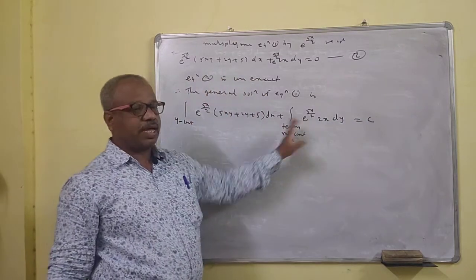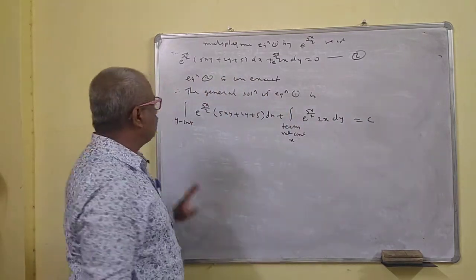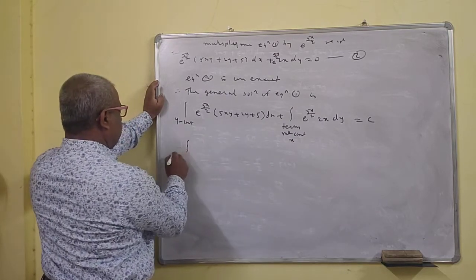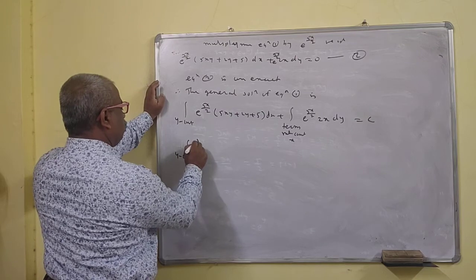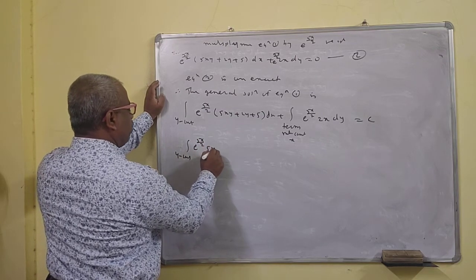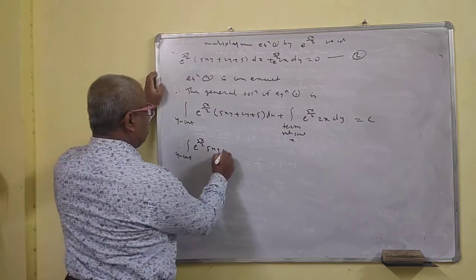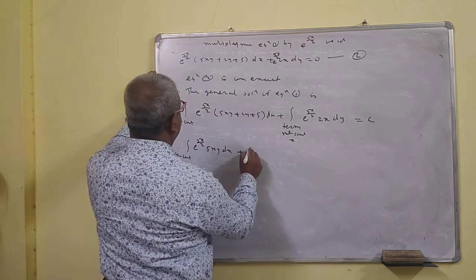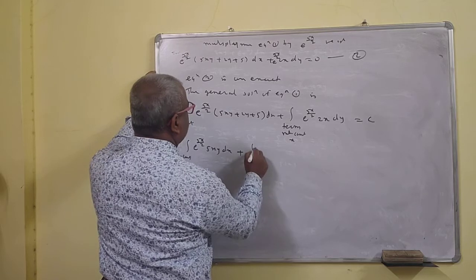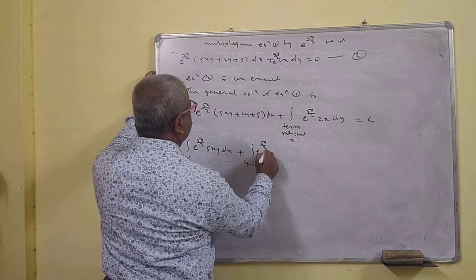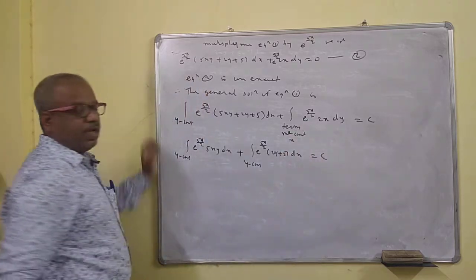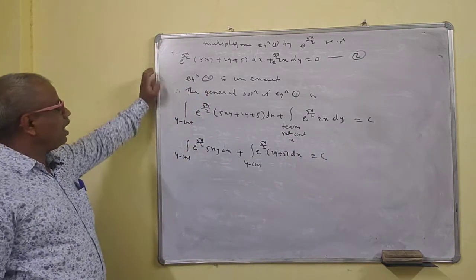Now this term contains x, so it vanishes, only c remains. So we write the integral, y constant, of e raised to 5x by 2 times 5xy dx, plus the integral, y constant, of e raised to 5x by 2 times (2y plus 5) dx is equal to c.